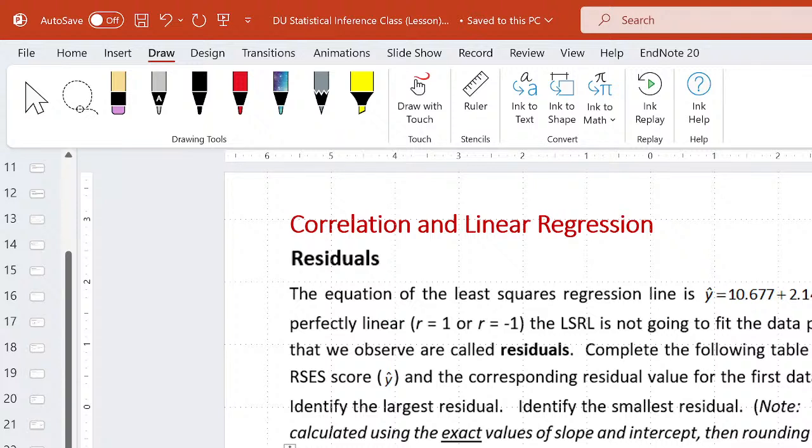It's the leftover, a residual. A residual is the actual value minus the predicted value, which is also known as your error term. The actual minus the predicted.